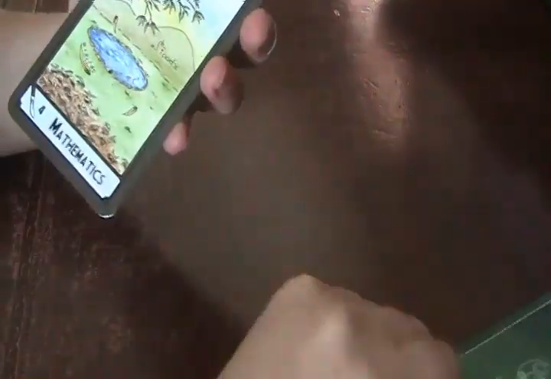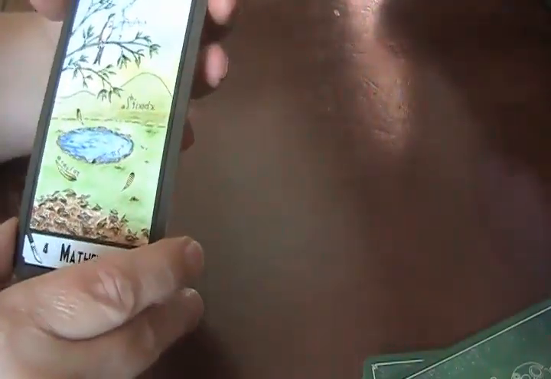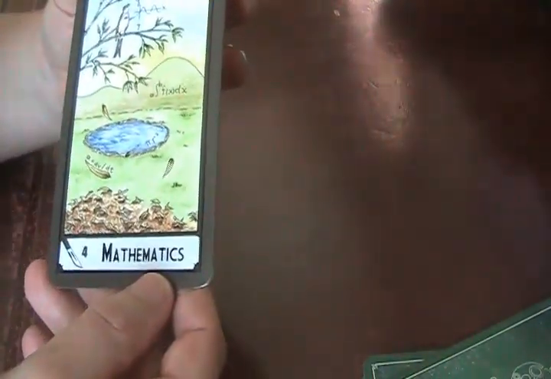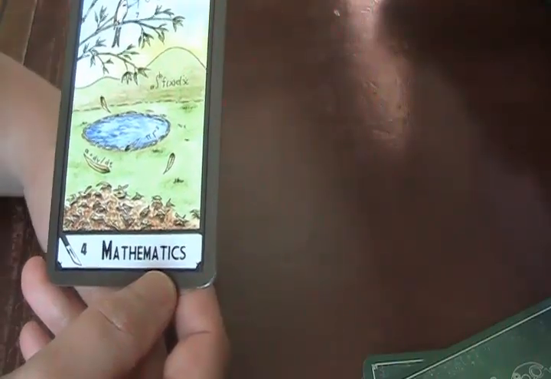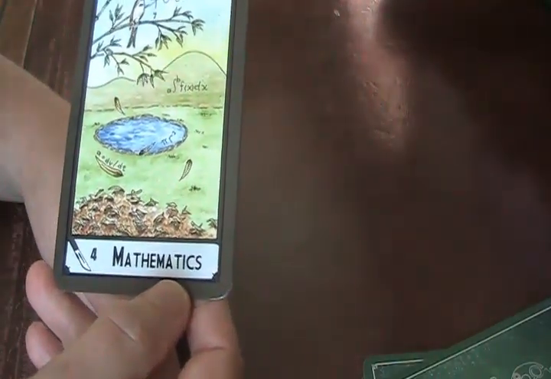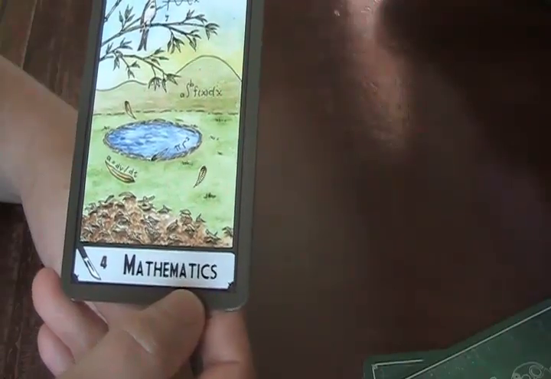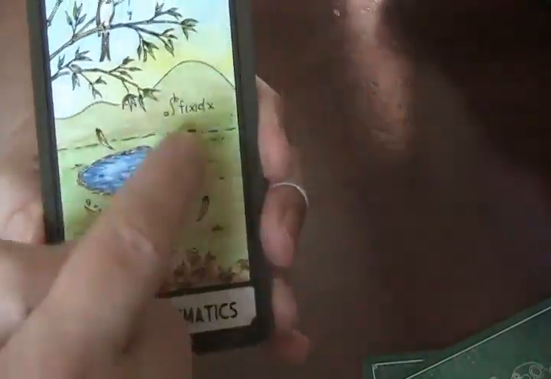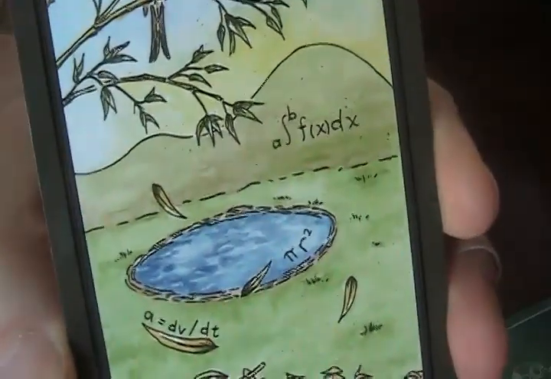Math in general. Circumference of a circle, pi r squared.